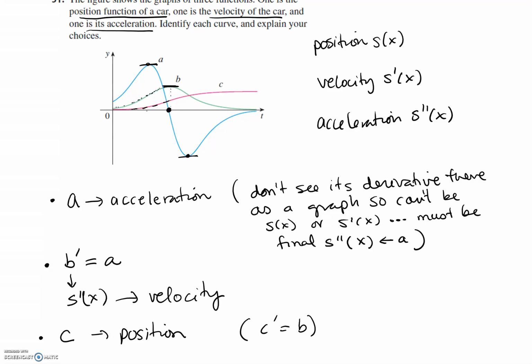Then I reach probably my maximum slope. Then it stays positive, but it flattens out, which is described by B. It stays positive, but it flattens out and approaches 0. So all 3 tie in together, and it makes me lead to the idea that C is the position function, B is the velocity function, and A is the acceleration function.